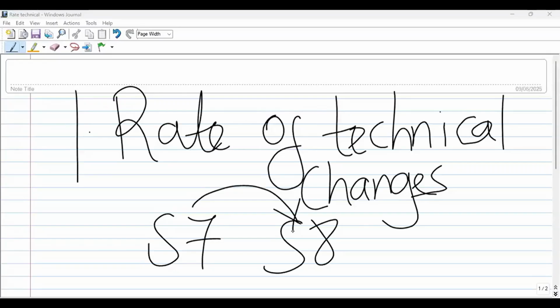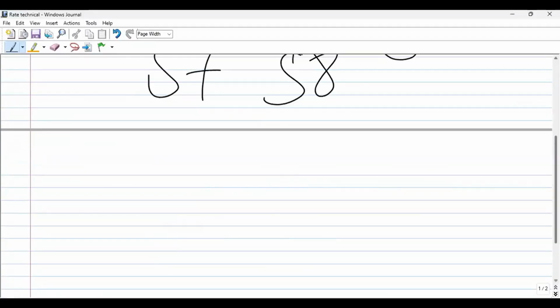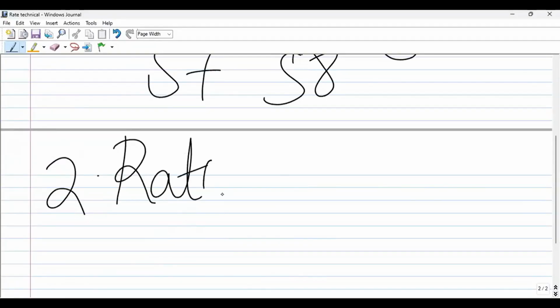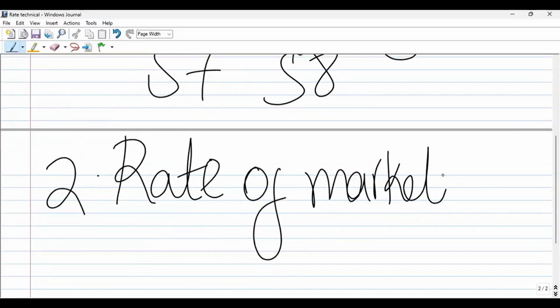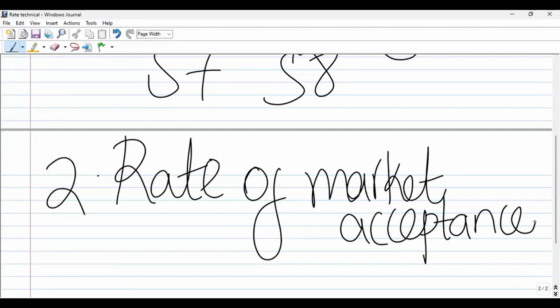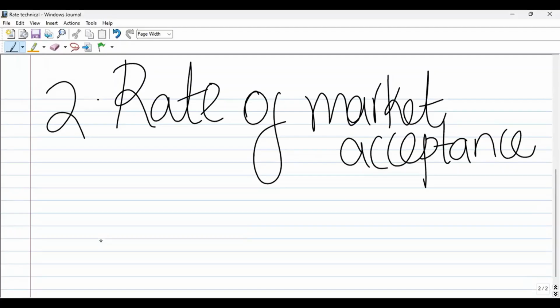Two, rate of market acceptance. Another cause of product life cycle changes is rate of market acceptance.